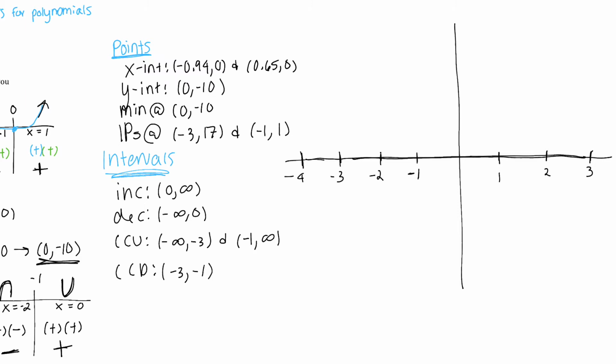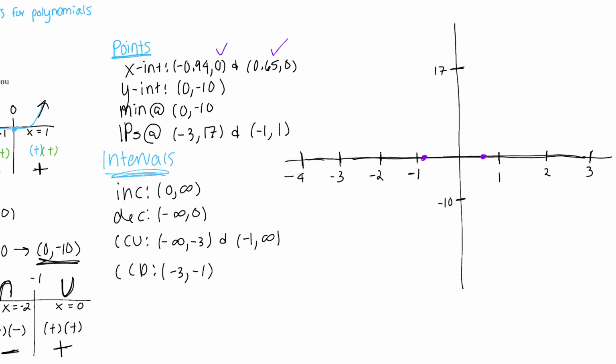So plotting these points, negative 0.94, that's really close to negative 1. 0.65, that's a little after 1/2. 0, negative 10. With the y values, we need to include negative 10 and positive 17. And honestly, I'm just going to be lazy with this and put 17 here and put negative 10 here.